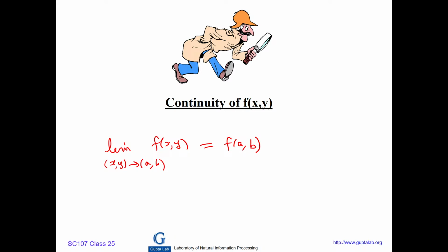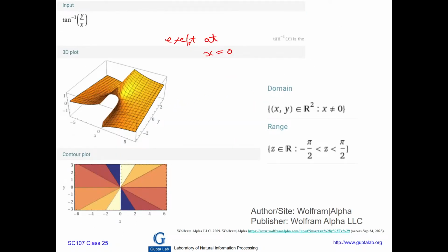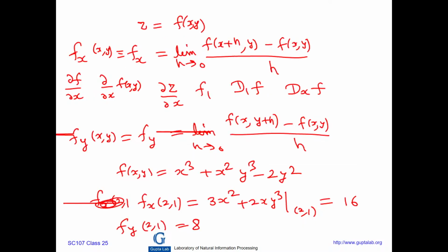Or if the limit exists but is not equal to the value of the function at that point, then also the function is discontinuous. All these cases are possible. So this function is continuous except at x equal to 0, tan inverse y by x. So one can look at any two variable function. So limit is done, continuity is done, right?